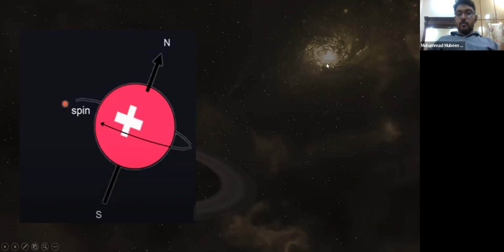Every proton, or positively charged hydrogen nucleus, is continuously spinning around its own axis, like this. It has a spin. Apart from spinning, it wobbles around its axis, just like the spinning top, the totem, that you must have seen at the end of the Inception movie, which keeps on wobbling around an axis.